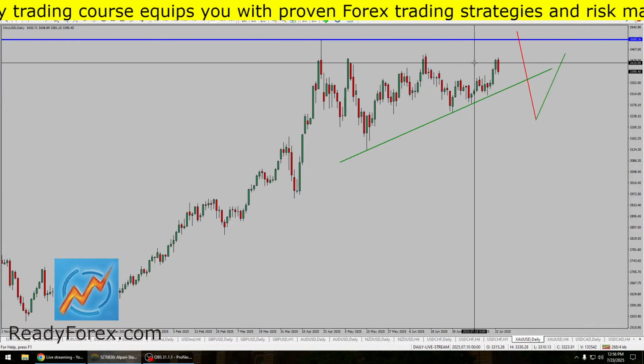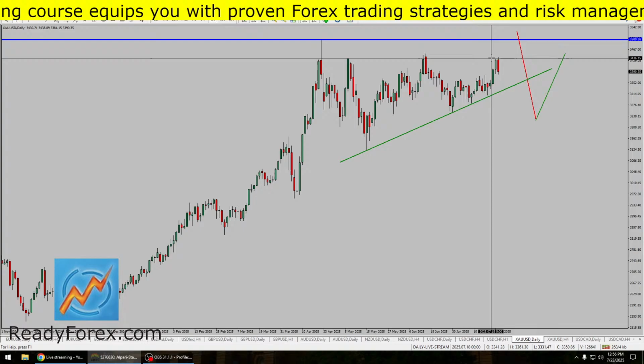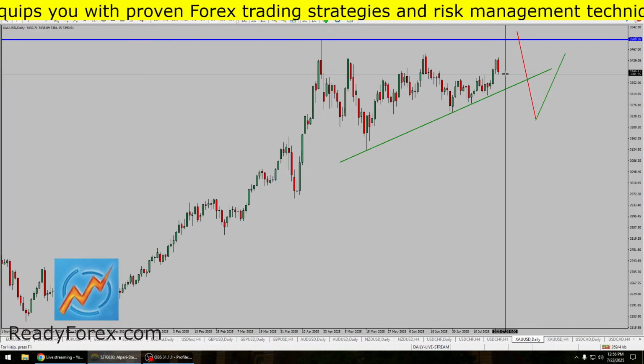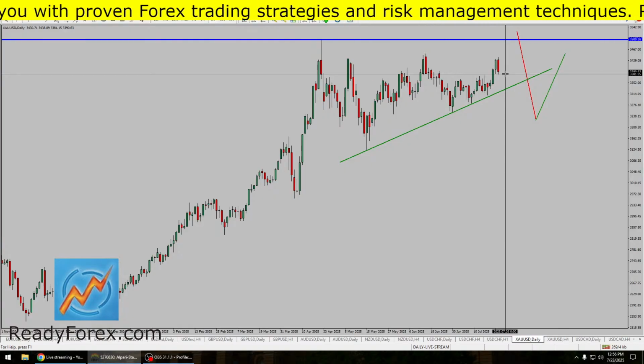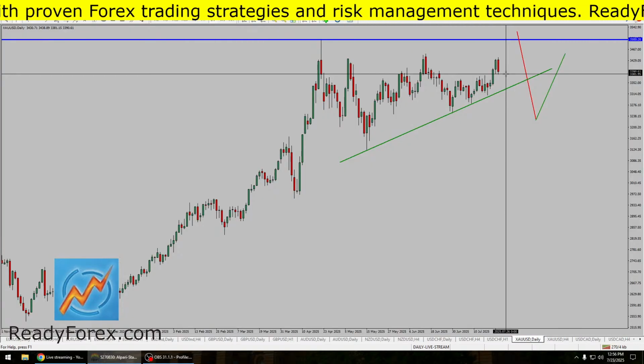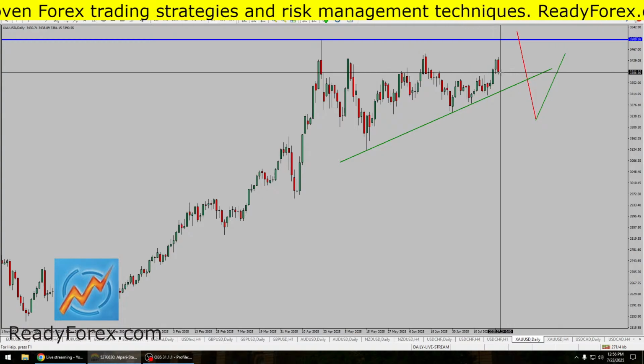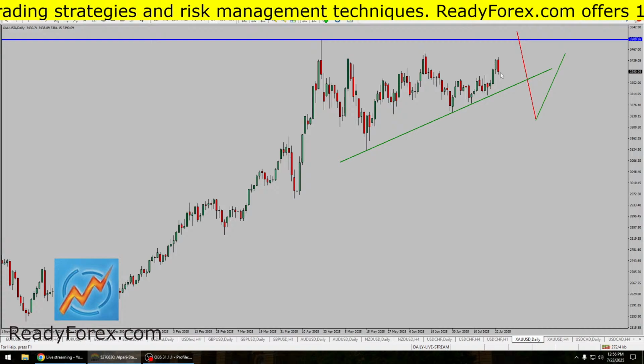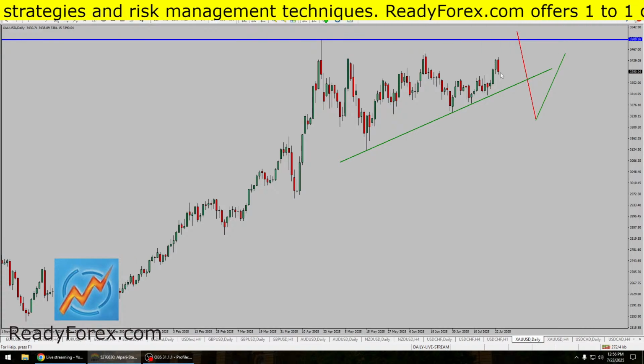Spot gold, we got this nice bullish rally over here. Today it's actually showing kind of a bearish trading day over here, and the daily time frame candlestick isn't closed yet, but it will get closed after a few hours time.